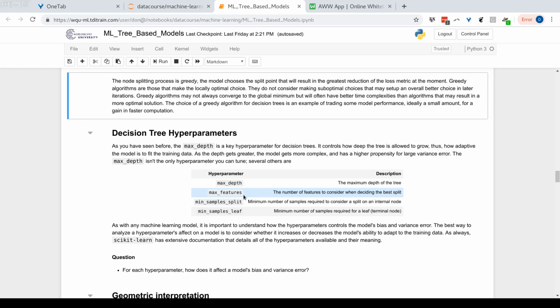Given this definition of max features, what do you think? How will this control the bias and variance? Will increasing the max features lead to a high variance model or a high bias model? Will it tend to underfit or overfit as we increase the max features? In other words, if we consider all the features we have in our training example, will that be prone to overfitting or underfitting?